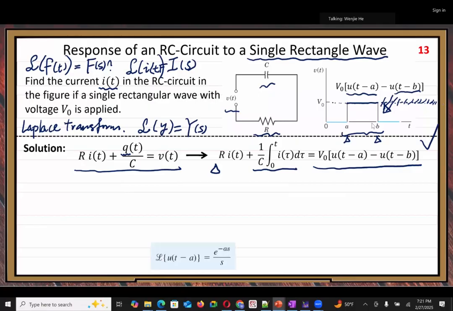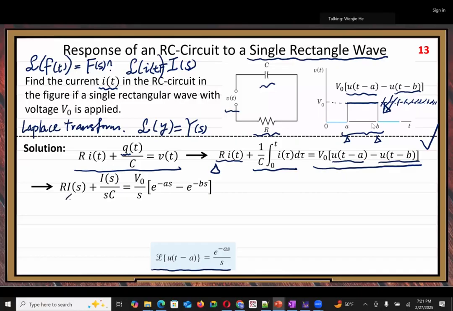Let me copy some related formulas below. The shift: because here you have the U shift version, we need to use this formula, right-hand side. Now the Laplace transform of the first term, R constant times little i: after we apply the Laplace transform, it becomes R times capital I of s.